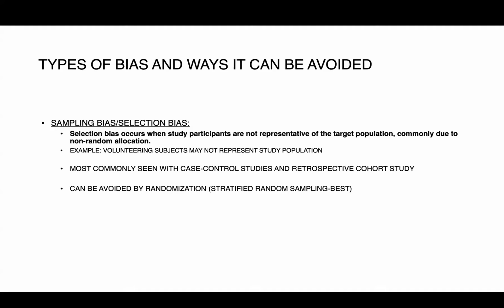It is most commonly seen with case control studies and retrospective cohort studies, and it can be avoided by randomization. In that, stratified random sampling is considered the best. The absence of randomization increases the risk of selection bias, thereby affecting the internal validity.